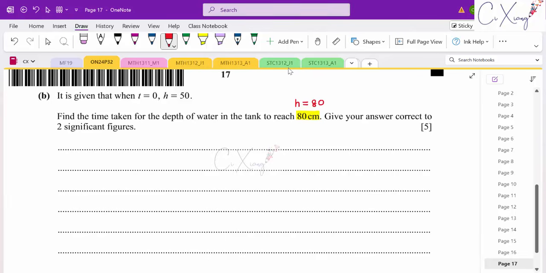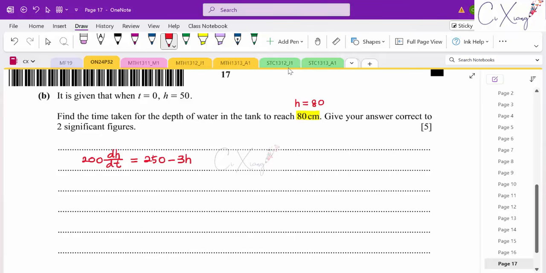To find the relationship between h and t, we have to solve the differential equation in part A first. So let's have a look at the differential equation in part A. We are basically having 200 dH/dt equals 250 minus 3h.